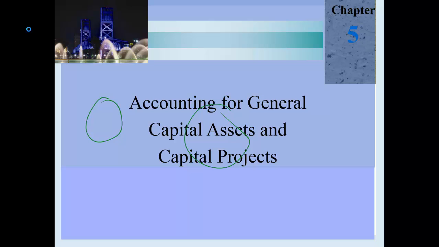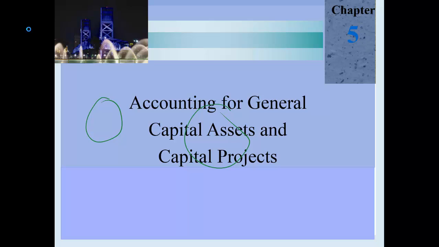So we're going to see a difference between what we do at the fund level versus what we do at the government-wide level, and it's going to be much more significant than we've seen in some of our other ones where we're still dealing with the current portion of the balance sheet, right? Now, although we did have pretty interesting differences in our revenue recognition, other than that it kept saying do almost the same thing at the government-wide level as you were doing at the fund level.